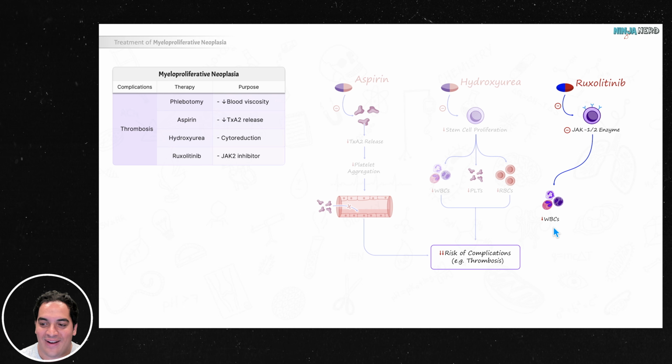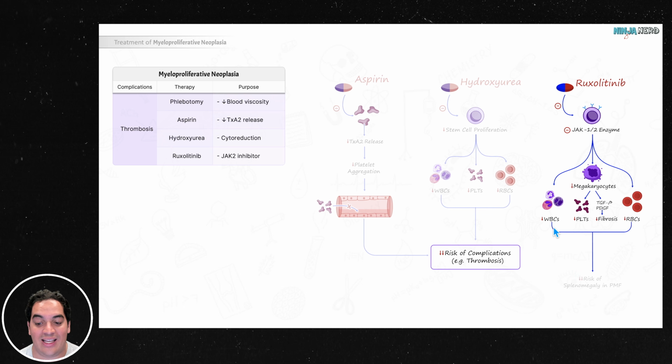No. And if I stop that proliferation response, I stop the proliferation into making white blood cells and platelets, and I suppress the fibrosis factor, and I also suppress the red blood cells. And so this can sometimes be given to reduce the risk of complications like thrombosis. But what I've really seen is that this is more effective in reducing the risk of splenomegaly and primary myelofibrosis.